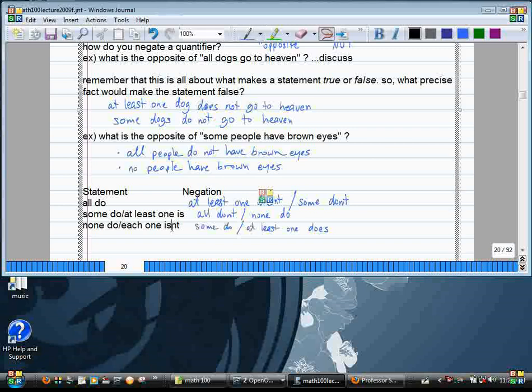None do, that should be doesn't. Okay. Alright. So that's the general formulation, and then given any particular problem you'd have to clean up the grammar.